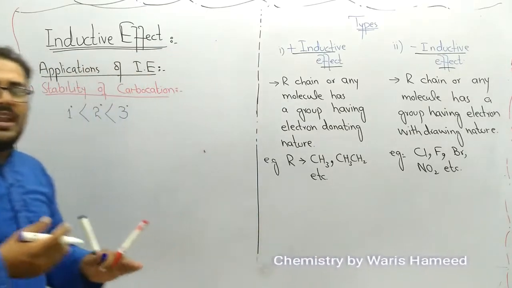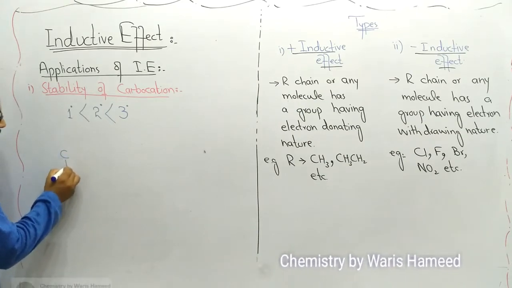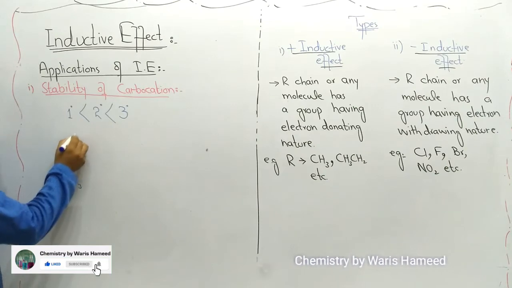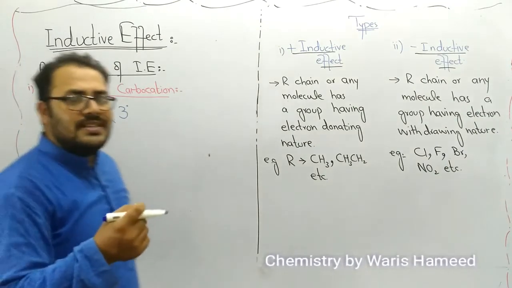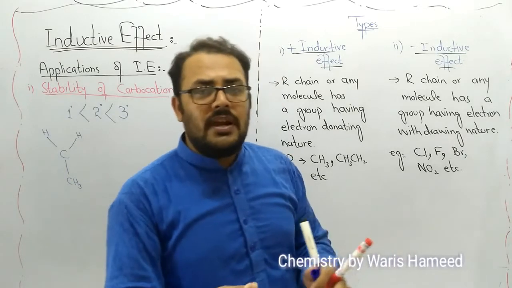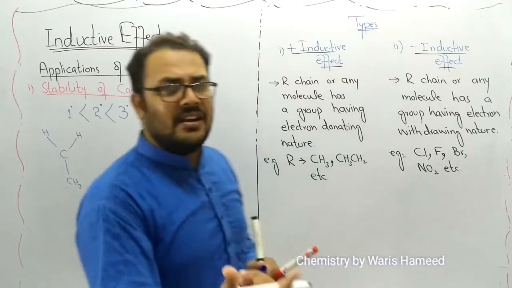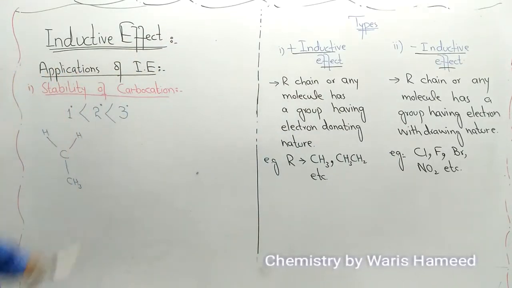Now I am going to elaborate their structures. Here is a primary carbocation. If the charge is on a terminal carbon atom, the cation will be primary, or only a single carbon having positive charge, that will also be a primary carbocation.